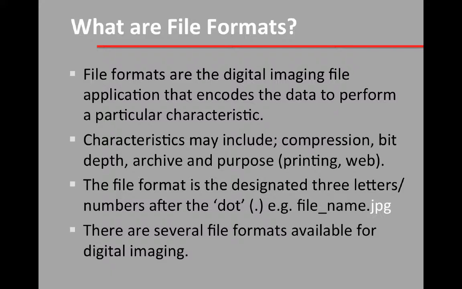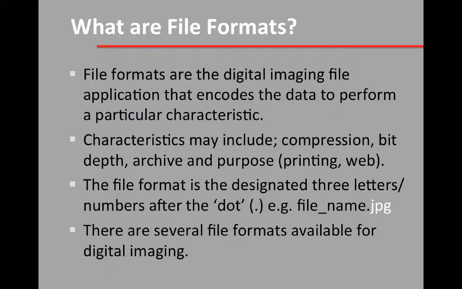imaging file application that encodes the data to perform a particular characteristic. Characteristics may include the type of compression, the type of bit depth, the archive quality, or the purpose, whether you're printing inkjet images or exhibition quality prints on digital printers, or whether you're producing an image for the web or a web page.